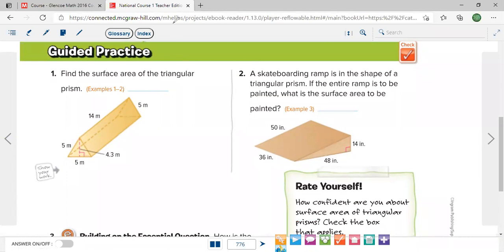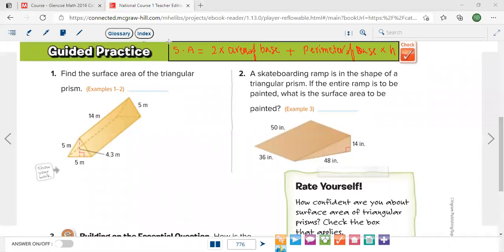So the rule again, surface area equals 2 times area of the base plus perimeter of base multiplied by height of the prism. This is the rule that we are going to use for this lesson. Remember this rule very well.